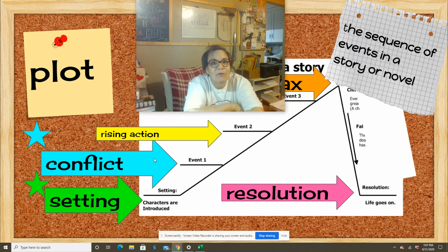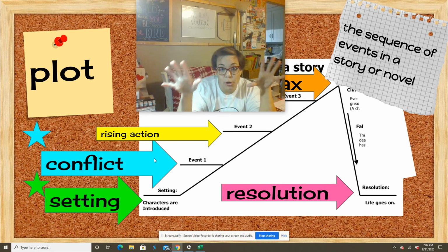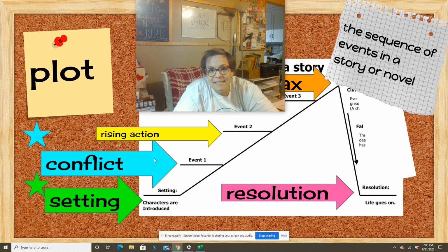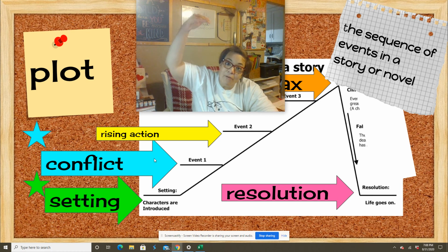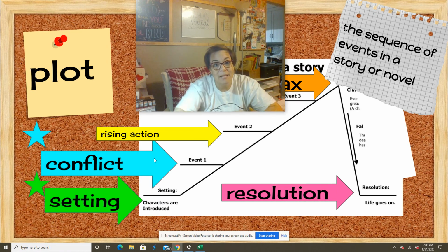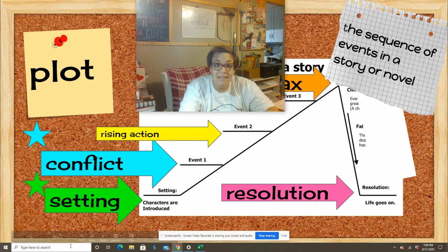So he goes across the street to find out who it is, because he wants to see how great this shot is, and he finds out, dun, dun, dun, it's his brother! Well, it's a civil war, so of course it's his brother, and that is the irony. That's what we're not expecting. But finding out his brother is the climax, and the climax and the resolution happen at the same time in this night. So that's your example of a plot, as we will know it, for our literary lexicon.